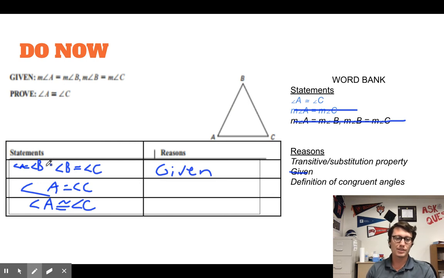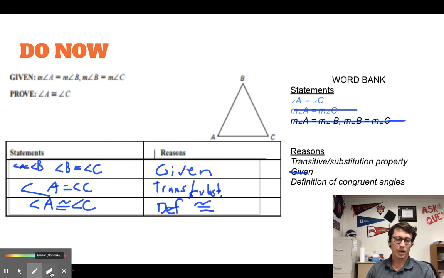Well, if A is equal to B and B is equal to C, we can confirm that A is equal to C. That is due to the transitive or substitution property. And again, definition of congruent angles, always, whenever we change from an equal sign to a congruent sign or the opposite, that is always going to be the definition of congruent.